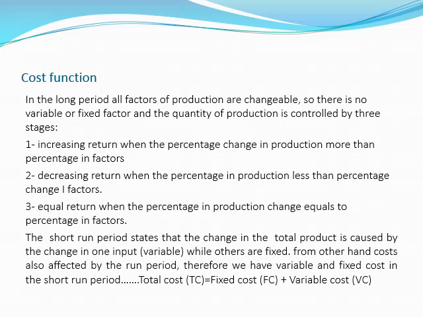Therefore, in the short run period, we compute three forms of cost. Total cost, the summation of fixed and variable cost, fixed cost of the fixed factors, and variable cost of variable factors. So in the short run period, the change in the total cost results from the change of the variable cost, because other cost is fixed, is constant.